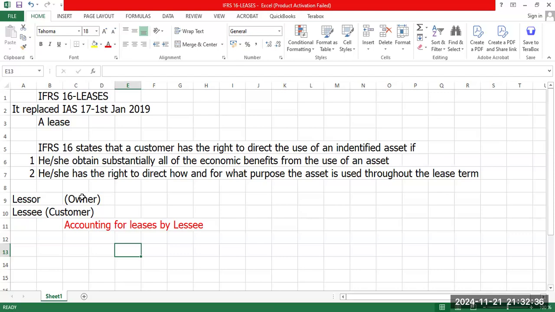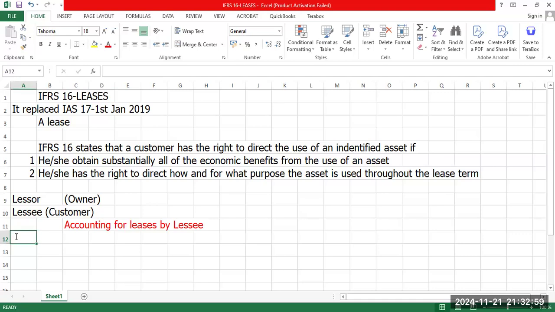We only talk about operating lease and finance lease separately in the books of lessor. But in the books of lessee, we only aggregate, we don't separate. Okay, so you need to know that difference.